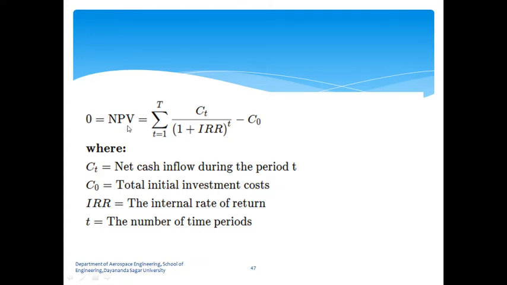Net present value is equal to total benefits minus the total cost. Suppose I make the NPV equal to 0. This is the total net cash inflow during the period, and this is the investment.